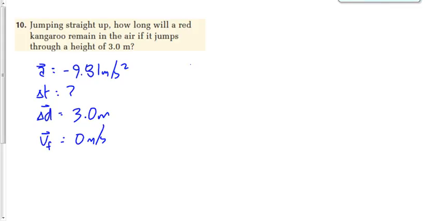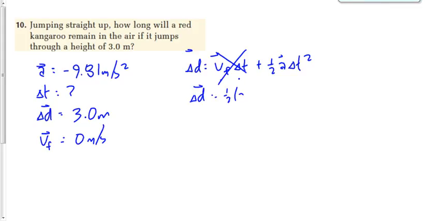Let's say D is equal to VFT plus 1/2 AT squared. VF is 0, so 0 times T is 0. My equation becomes 1/2 of AT squared. And I'm solving for T here. So let's take the half A over by dividing.